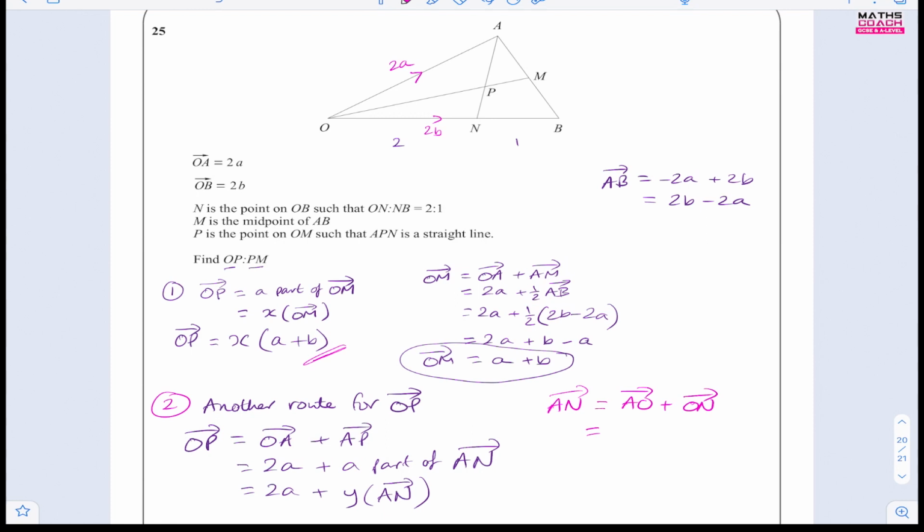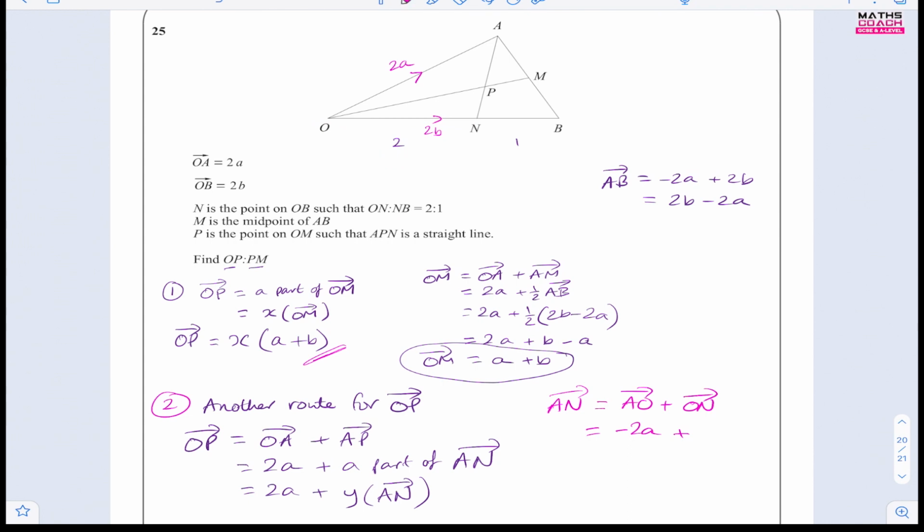And we know that A to O is minus 2A, because you're going backwards against O to A. Plus 2/3, so we know that this is worth 2, and this is worth 1. So in total, O to B is 3 parts. So we only want 2 of those parts because our ratio is 2 to 1.